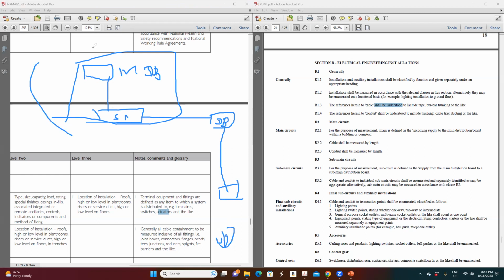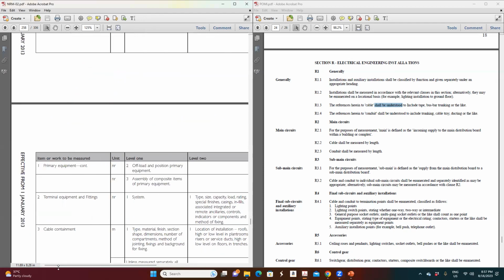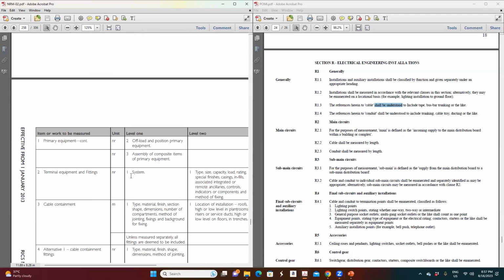The primary equipment is covered here by numbers. These others they call terminal units, like DBs, switches, and lighting units. So these terminal units also they want to measure by numbers, which has to be specified.